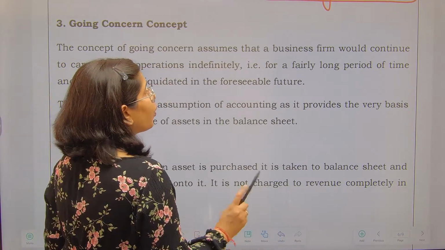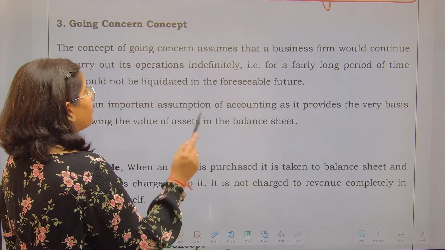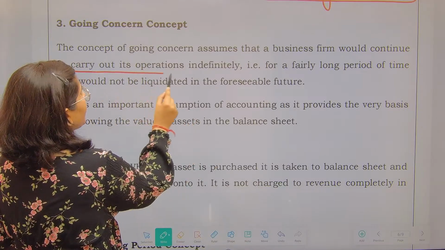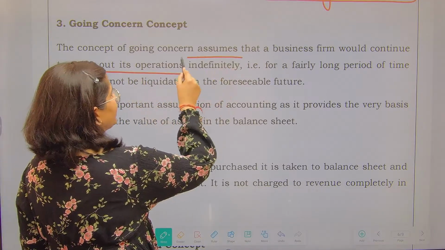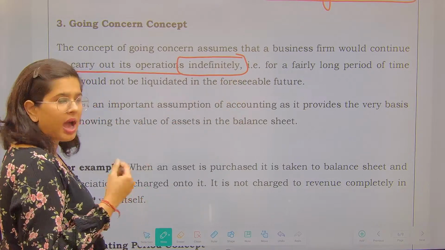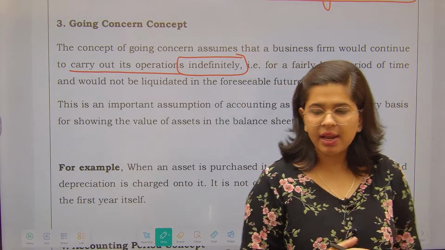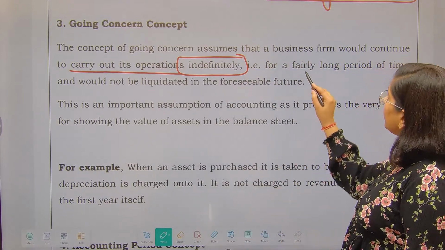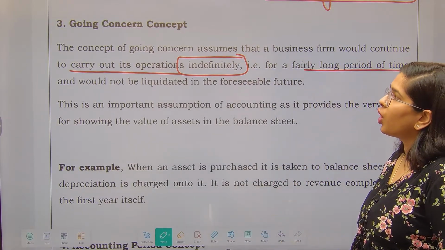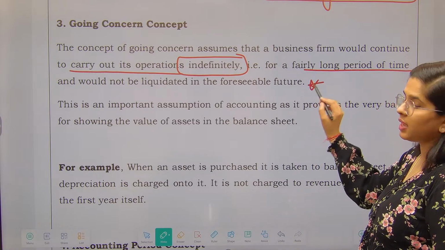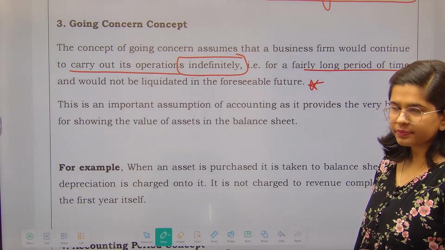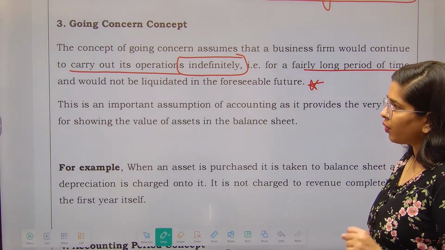The concept of going concern assumes that business firm will carry out its operation indefinitely. Indefinitely means the coming year, the year after, and the next, every year they will continue for a fairly long period of time and would not be liquidated in the foreseeable future. So this is the concept of going concern.